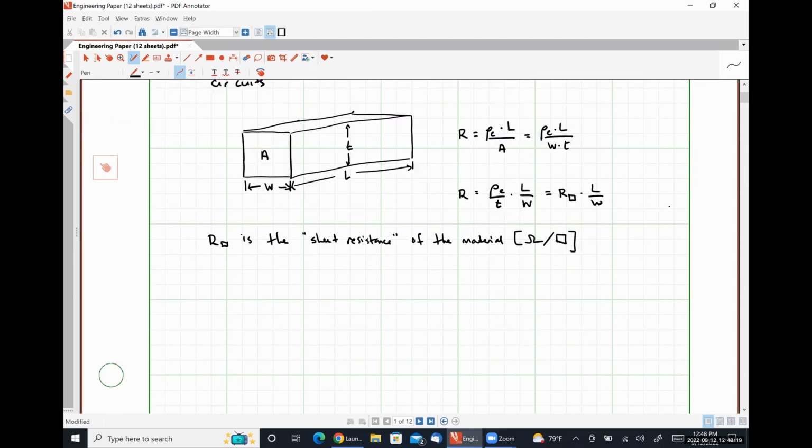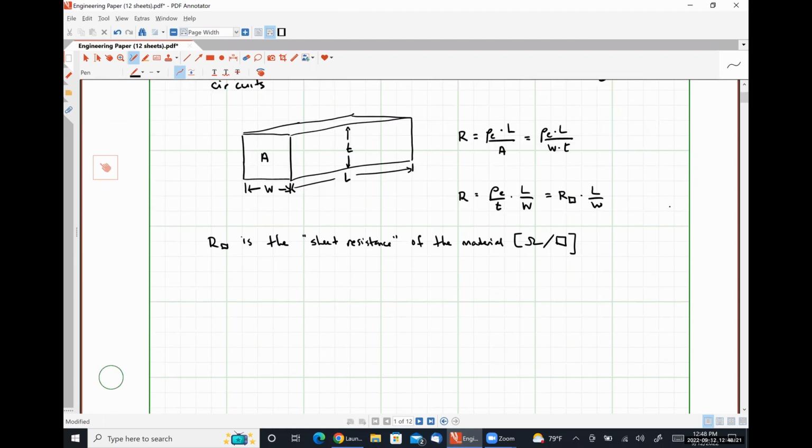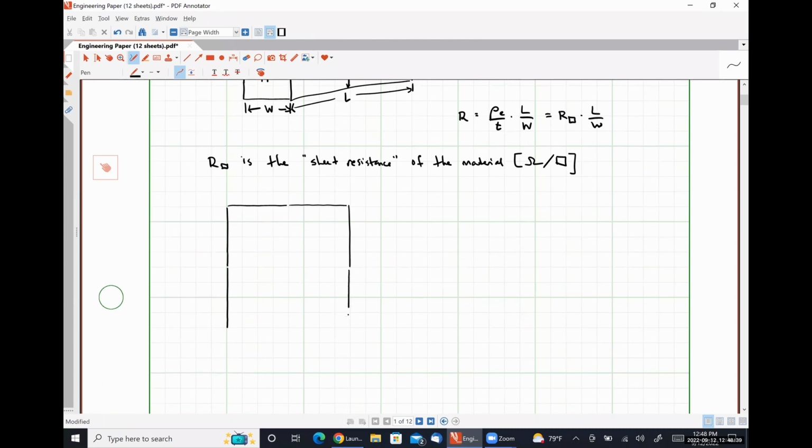So if, for example, we have this 8 by 8 chunk of material. Since it is a square, it has some particular resistance.